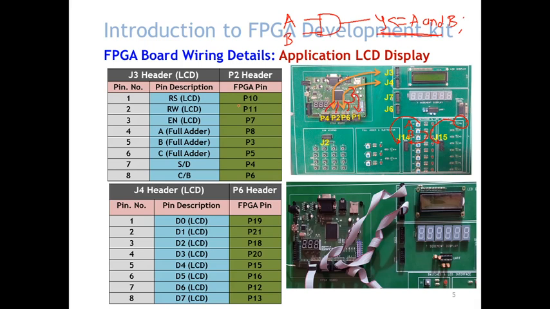That description is explained here. Let us take an example: header J3 is used for the LCD, along with header P2. This P2 header is available on the FPGA, and it has a total of 8 pins. Pin number 1's location is P10. So what is the meaning of this P10?